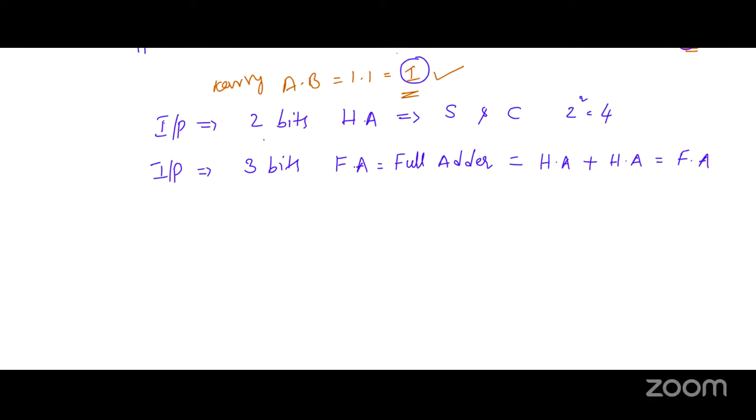That means how many combinations will you get here? Because n is 3. The formula is 2 power n. 2 cube means 8 combinations. Is it clear?